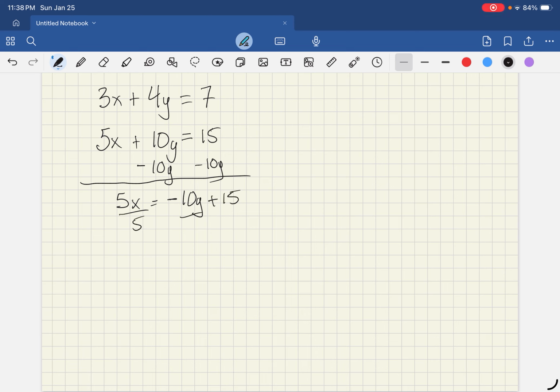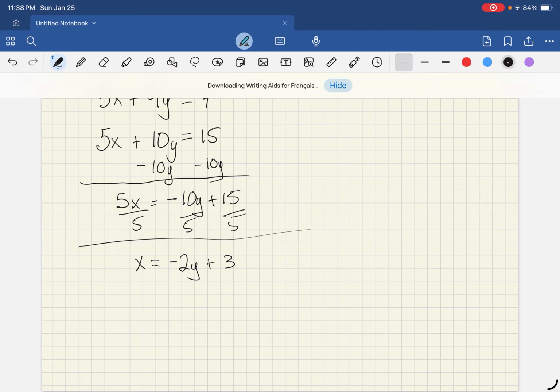I would divide everything by 5, and I get x is equal to negative 2y plus 3. Okay, now I have one of my variables solved for. I can substitute negative 2y plus 3 in for x. How did I know that it was being substituted in for x? Because right there it says x equals.